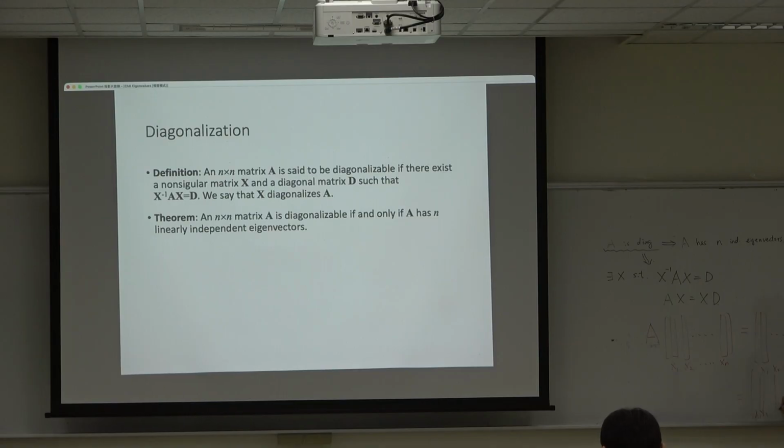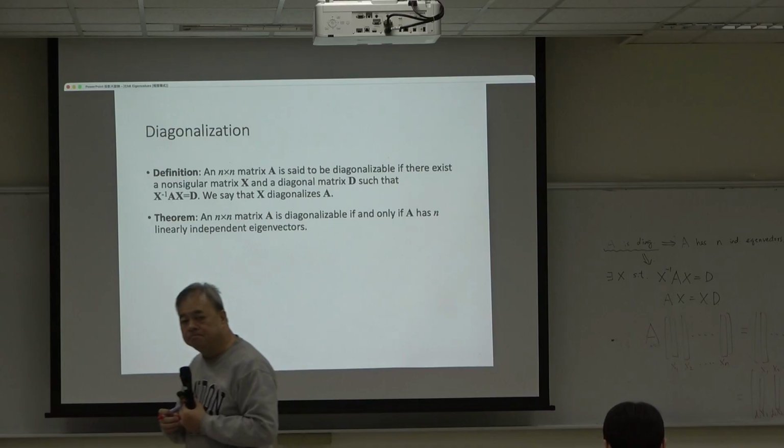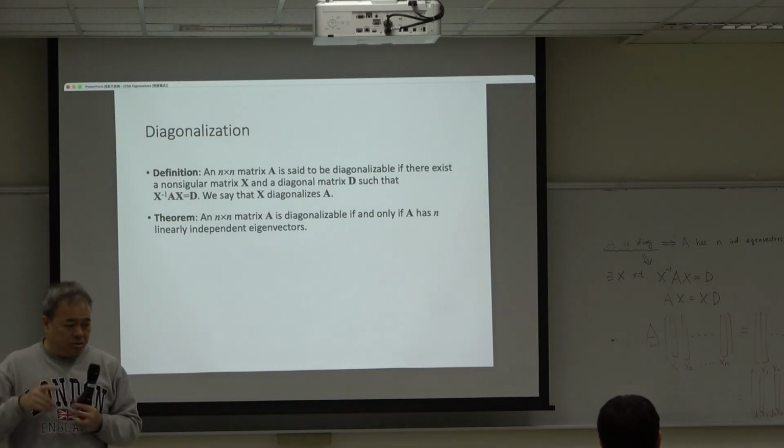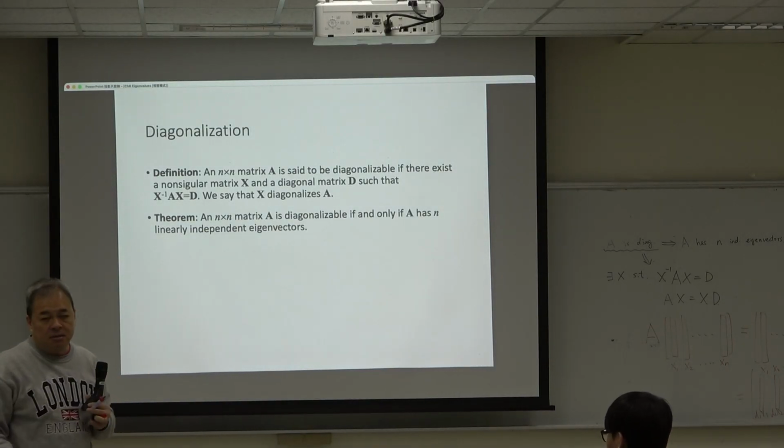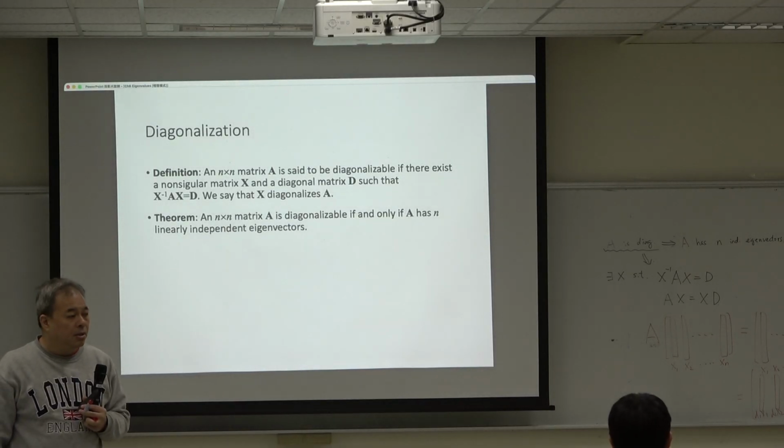The second column becomes D2 times X2. The nth column becomes Dn times Xn. You can verify that by yourself.